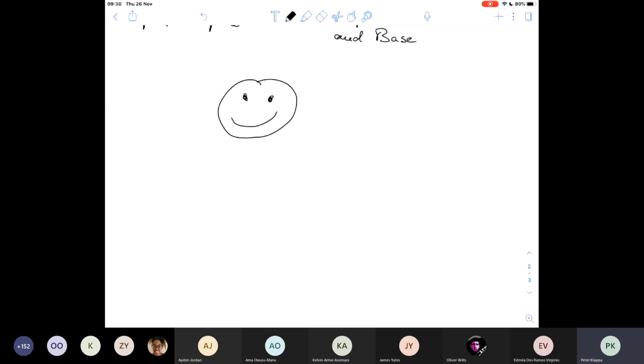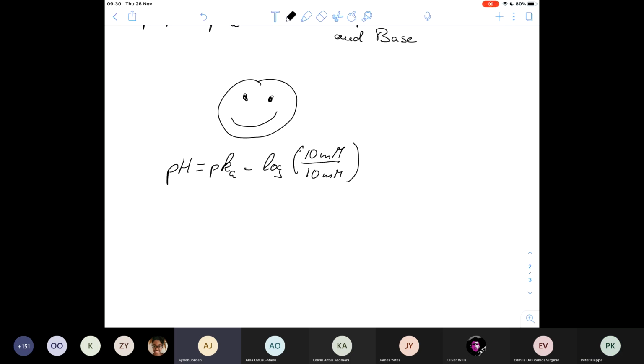Okay, so what happens if we have pH equals pKa minus log, and we have the same concentration of the acid and the base? Aidan, please mute.